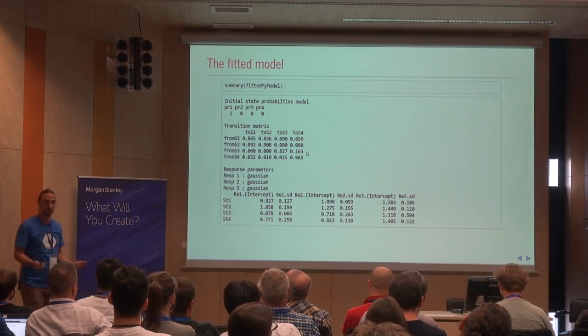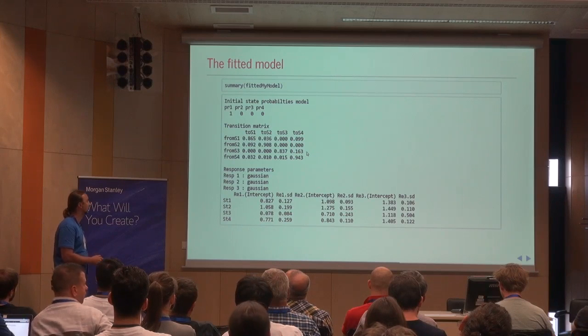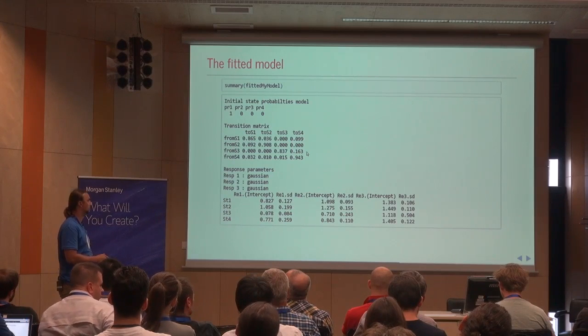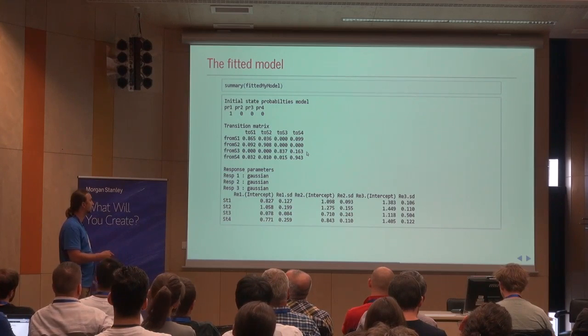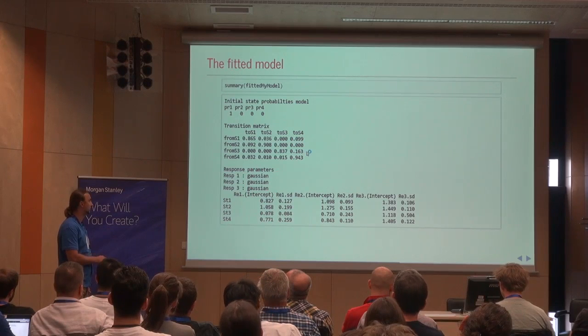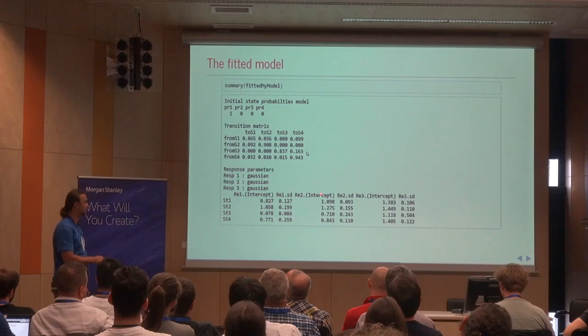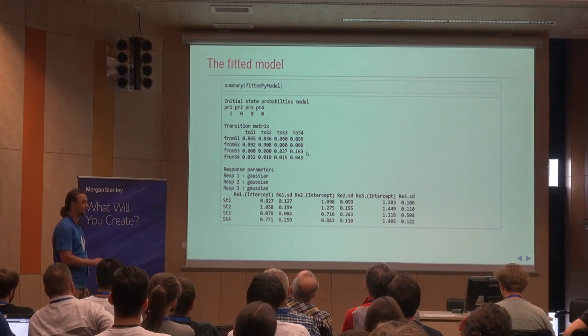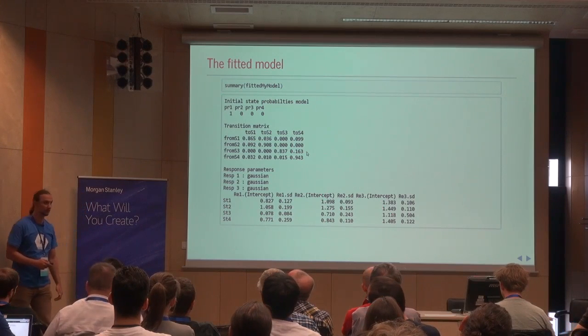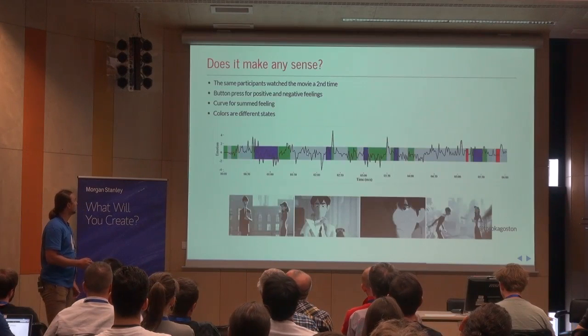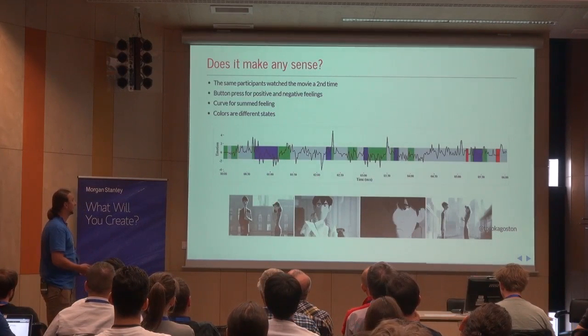It is expected if these states are long. And you can see that the response parameters were all Gaussian, and you can see that the response variables have different means and different standard deviations. Let's see if it makes sense.